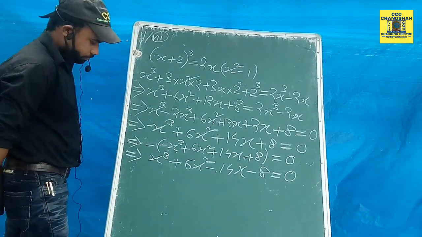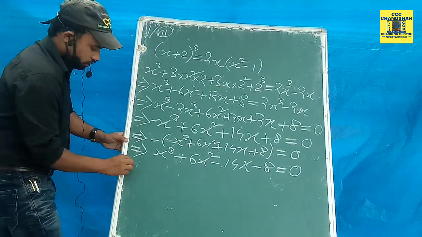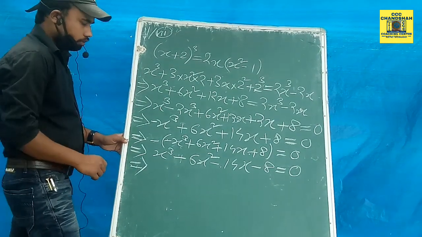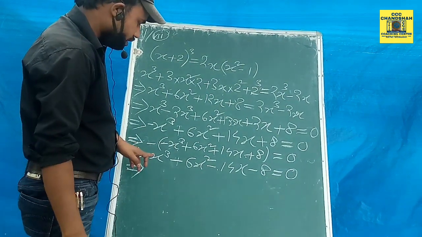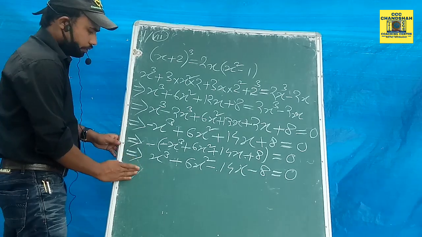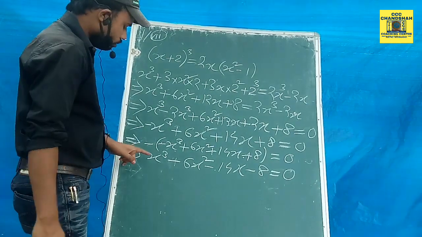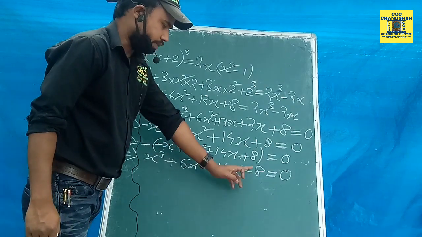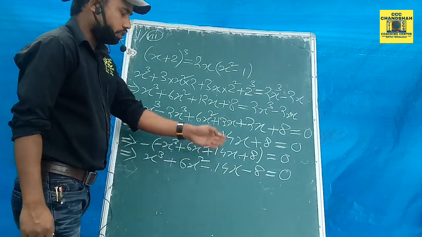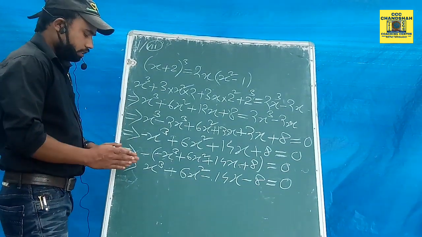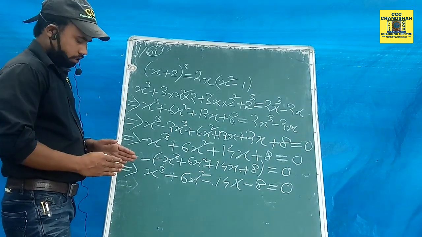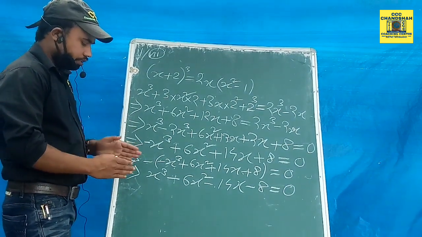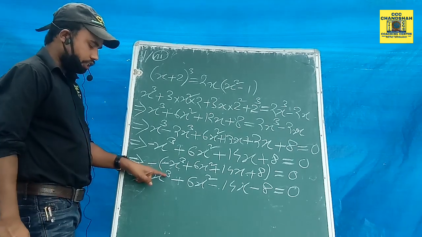Okay, then what could you see in this equation? You see that x cube minus 6x square minus 14x minus 8 equals 0, and it is not quadratic because the degree in this equation is cube.